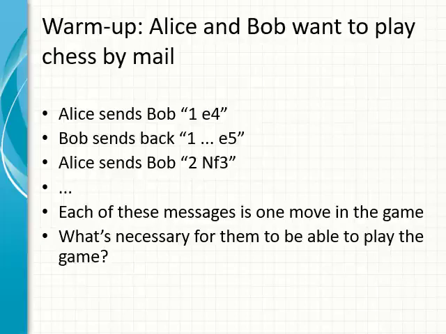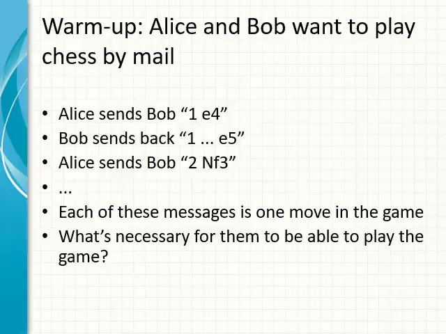Alice will send a message to Bob, and this message is nothing but one move on the board of the chess. Then Bob will reply with a message, and that will be one move by Bob on the board. So each of these messages is one move in the game.